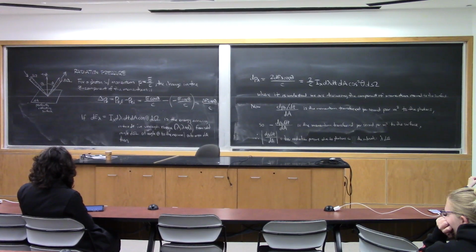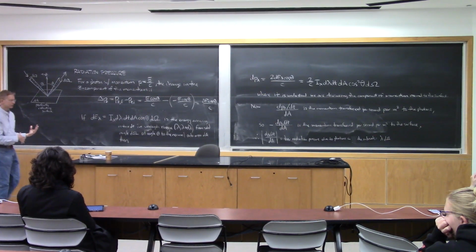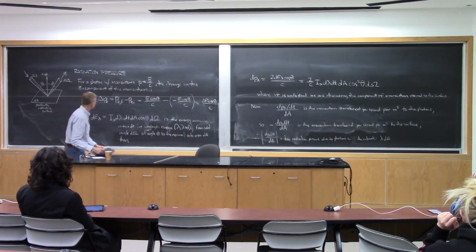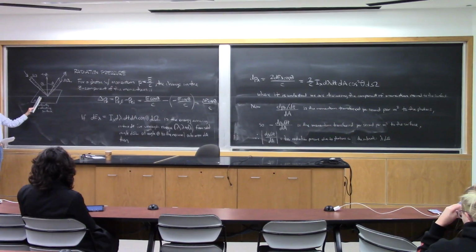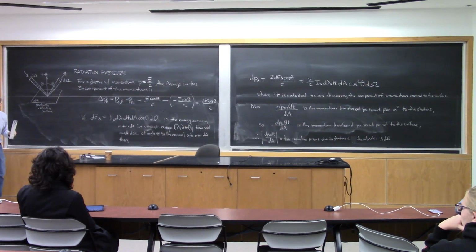We're going to do that in a minute with our photons. With our reflecting surface here, if I want to know the total pressure on it in this little wavelength interval, I have to integrate over solid angle. Does that make sense? What questions do you have?